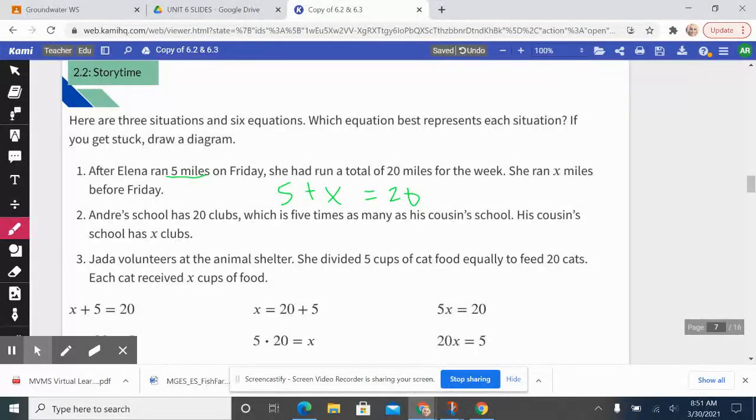Number 2, Andre's school has 20 clubs, which is 5 times as many as his cousin's school. His cousin's school has X clubs. Okay, well, we know that it's 5 times as many, right? So I'm going to write 5 times as many, and the total was 20.